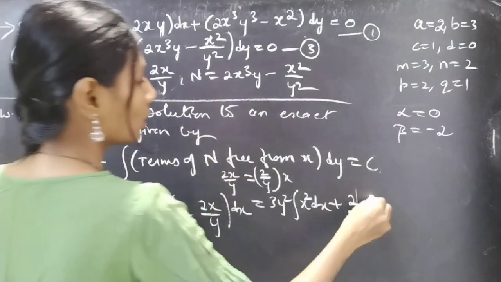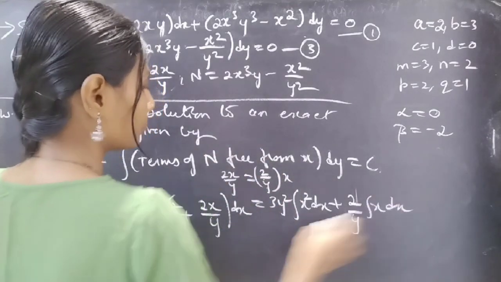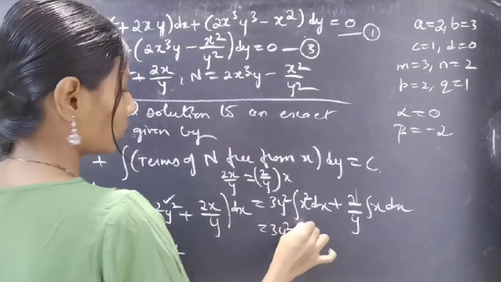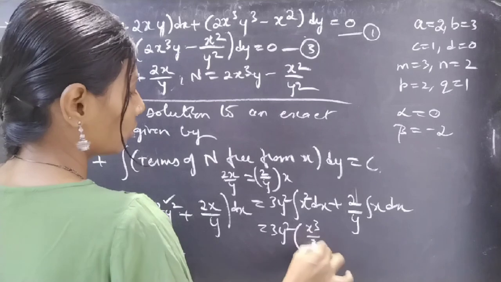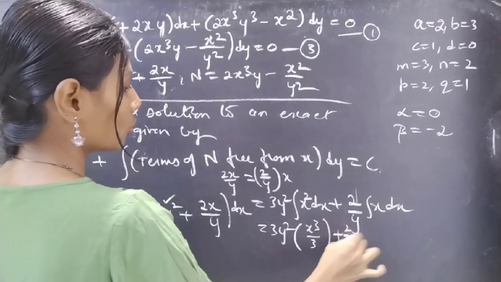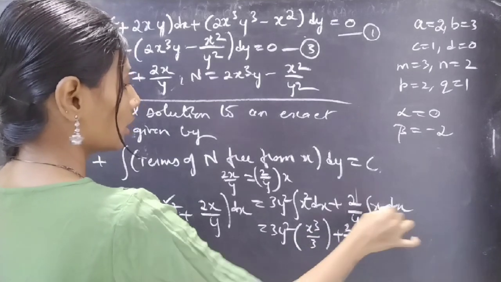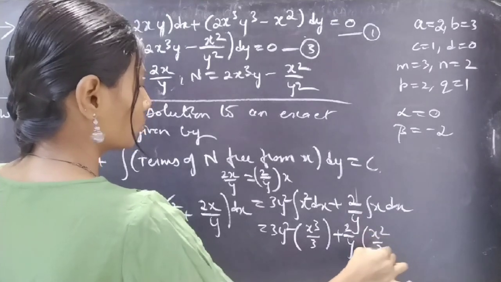The integral of x² dx is x³/3, and the integral of x dx is x²/2.